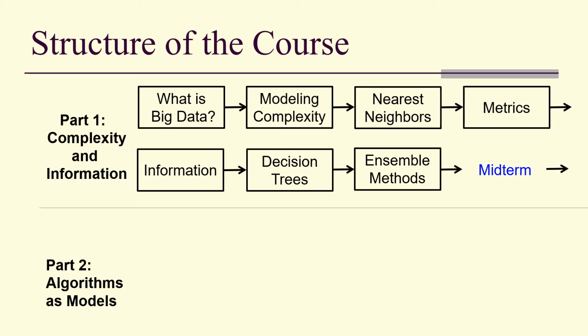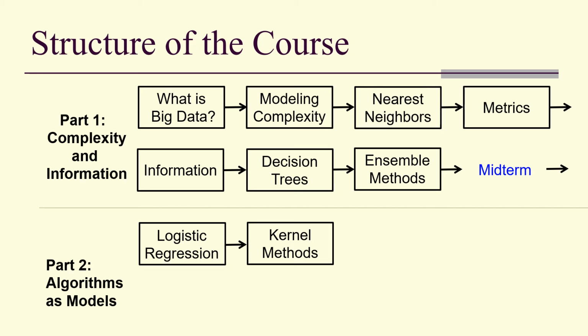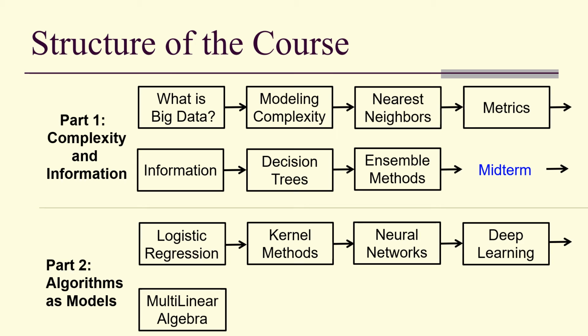The second part is algorithms as models. Now we'll learn about algorithms as models in part 1, but part 2 is where we're really going to put this to use. And we'll start with logistic regression and talk about kernel methods and neural networks, deep learning, and end up with multilinear algebra. Now, based on how the course goes, I may change some of the concepts of multilinear algebra.